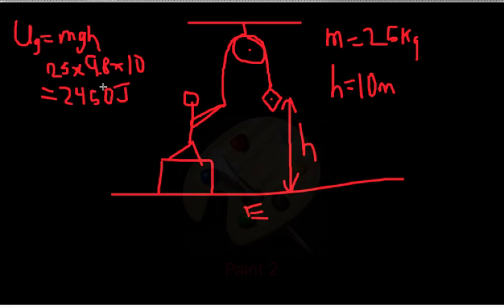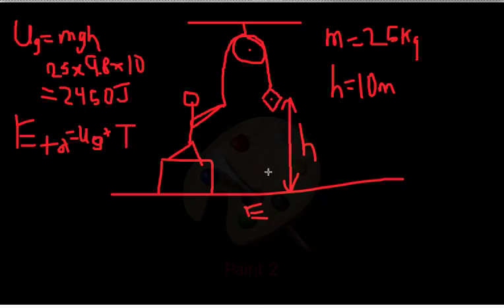So now, how fast will this object be right before it hits the ground? Now we can use this concept of energy total to predict what will be the kinetic energy.